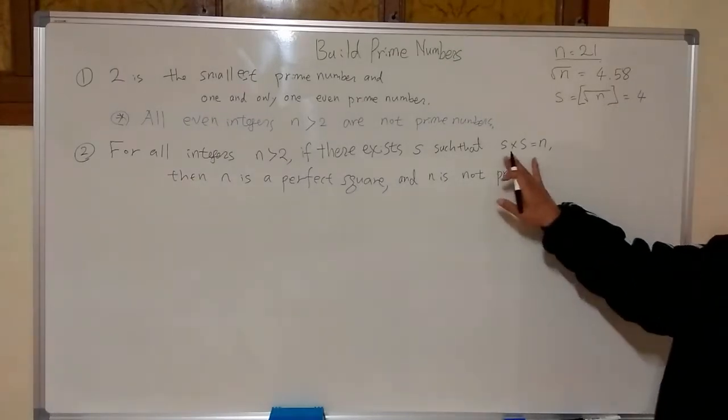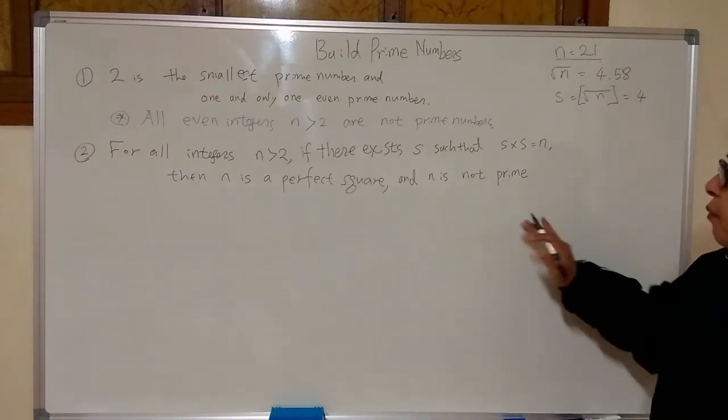So any number that is a perfect square is not prime.